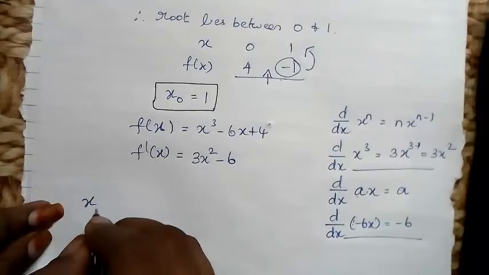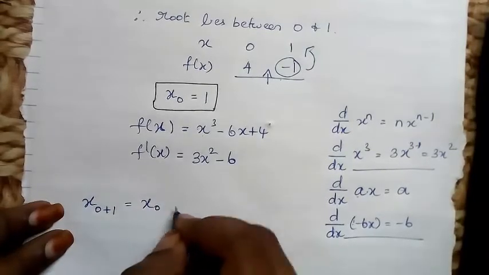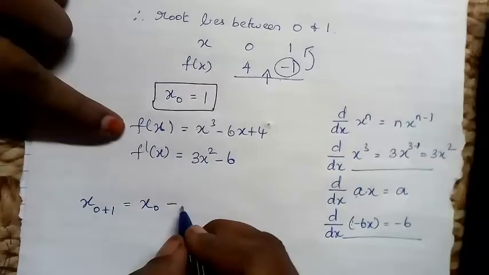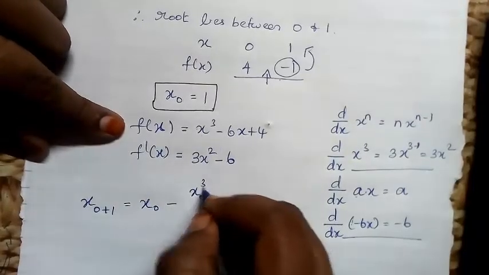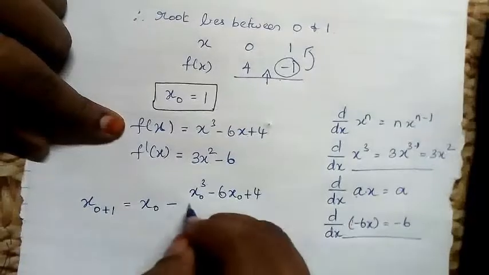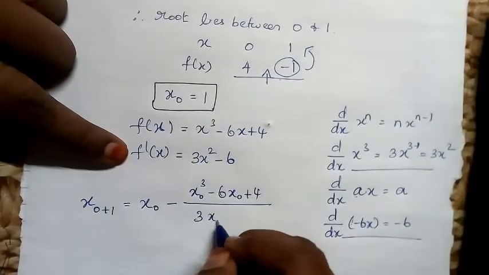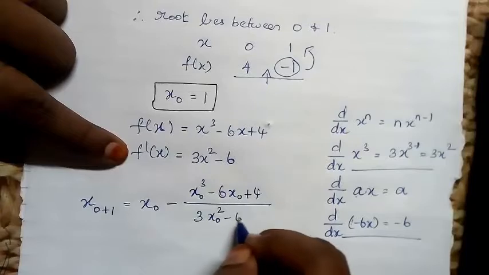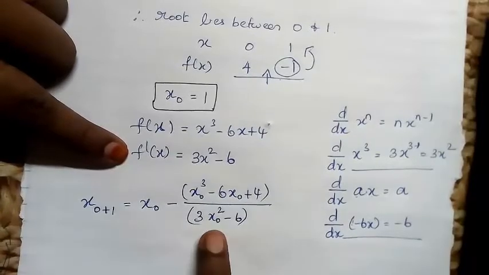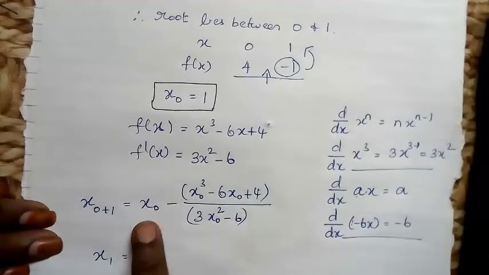The first value is x_{0+1}, which is equal to x0 minus f(x), which is x cube minus 6x plus 4, divided by f'(x), which is 3x square minus 6. To find the answer of x_{0+1}, that is x1, we are going to substitute the values.